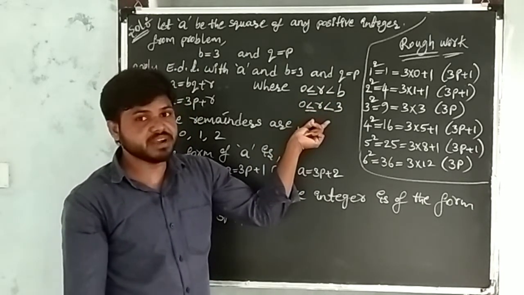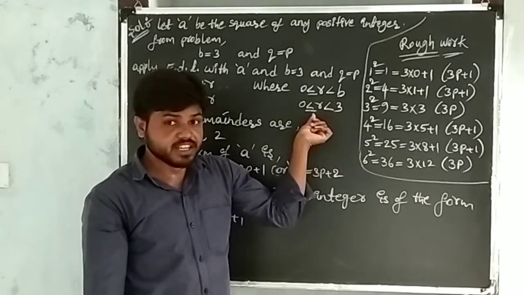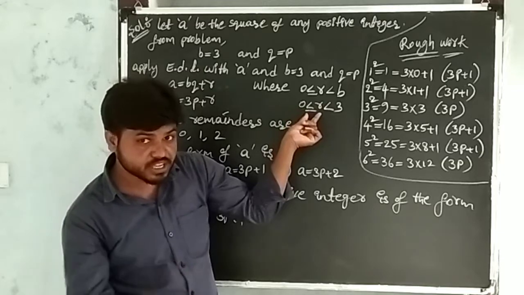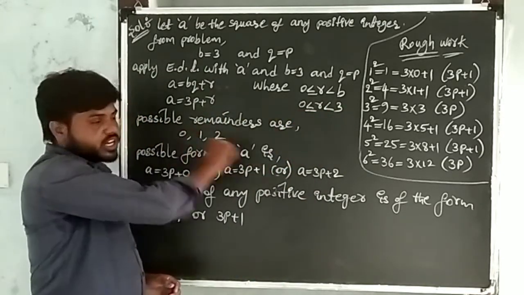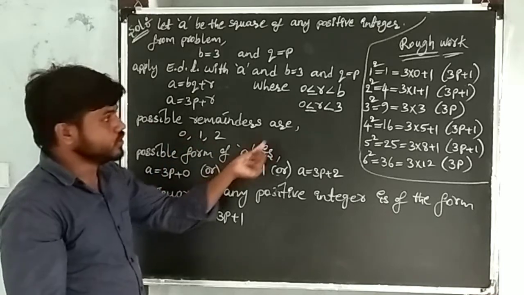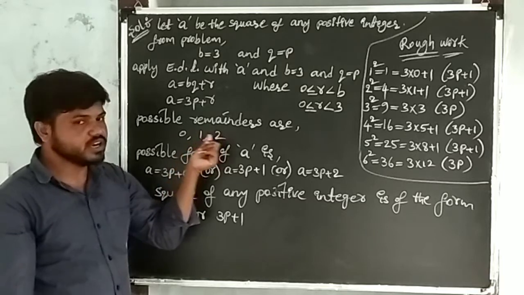From this we can say the remainder is greater than or equal to 0 and less than 3. So the possible remainders are 0, 1, 2.